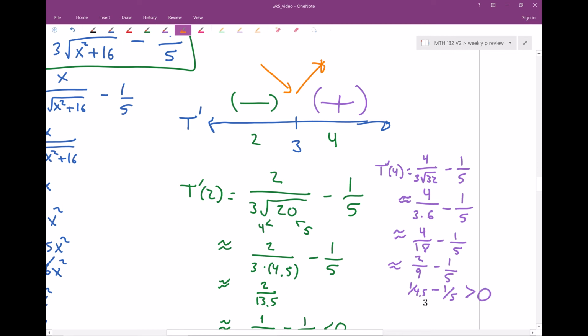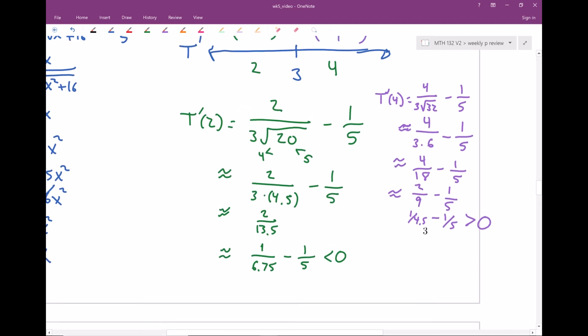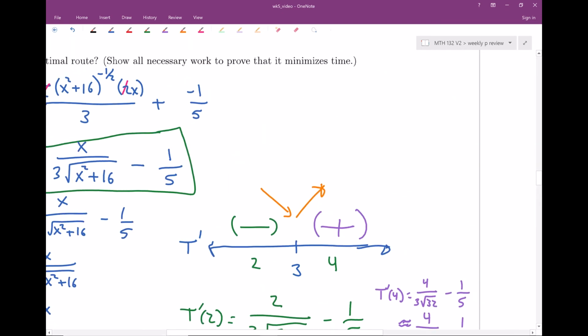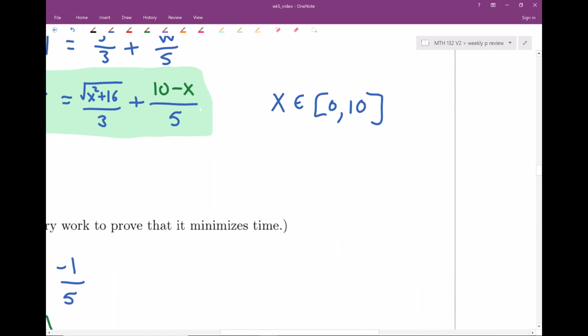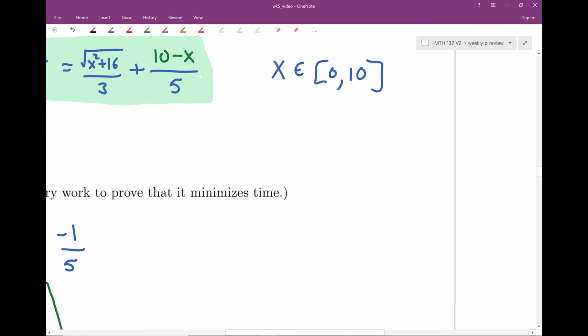The other way that you can do, and I've shown you kind of the more difficult of the two, just because if you go this route, it is possible, but you have to do this kind of estimations right here. The other way that you can do this problem is with the closed interval method, right? Because our domain is a nice closed interval. So back from 3.1, we learned about the closed interval method, and this says that you would need to calculate out t of 0, t of 3, and t of 10.